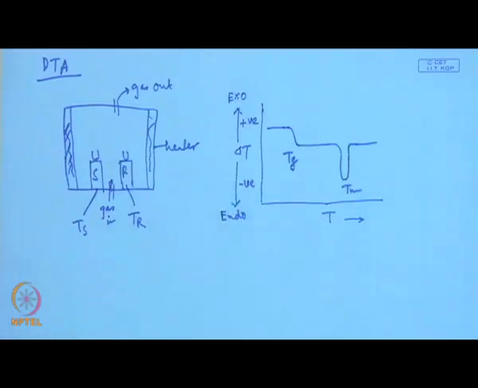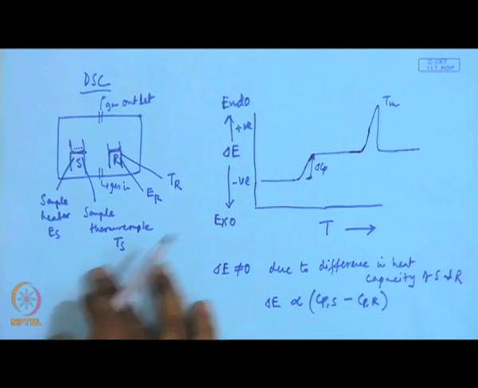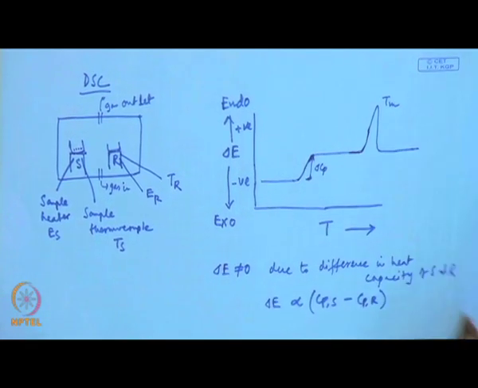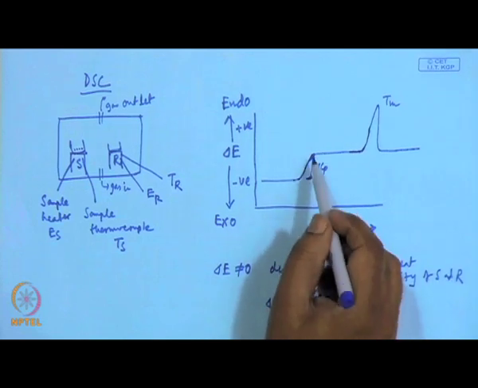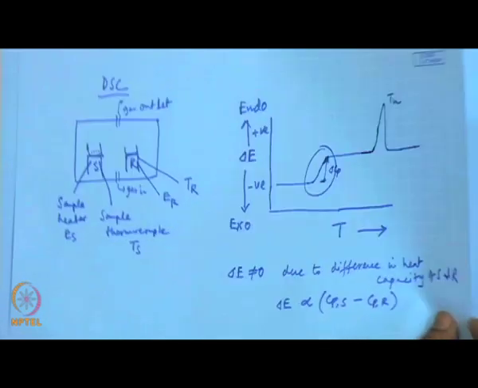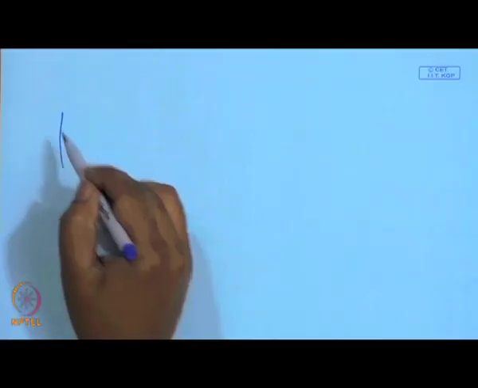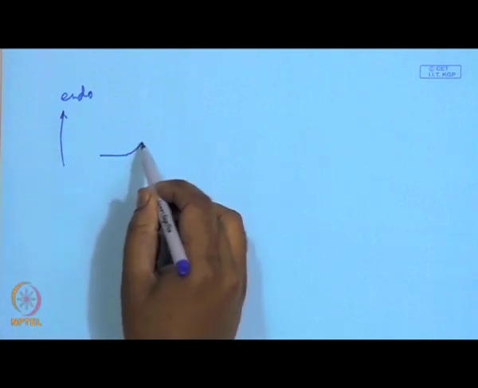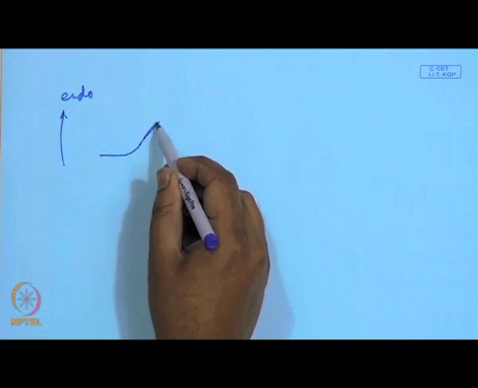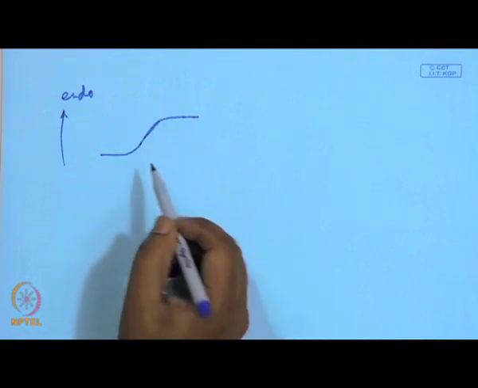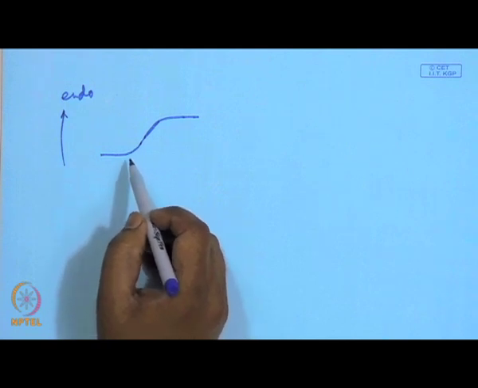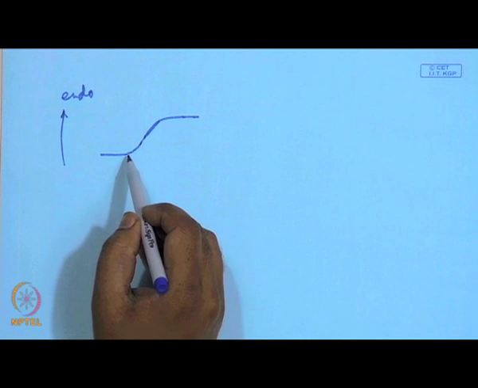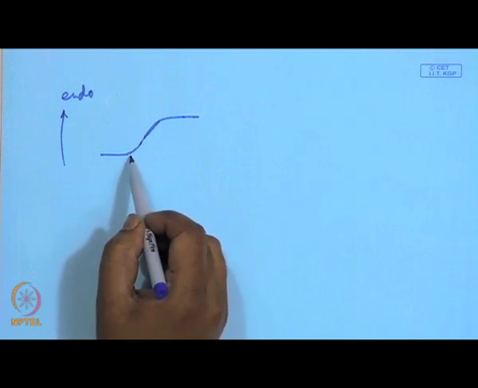Now, this Tg, when you talk about DSC, how is the Tg obtained mathematically? If we draw this portion again, so that is endo. Different scientists use different techniques to find out the Tg.